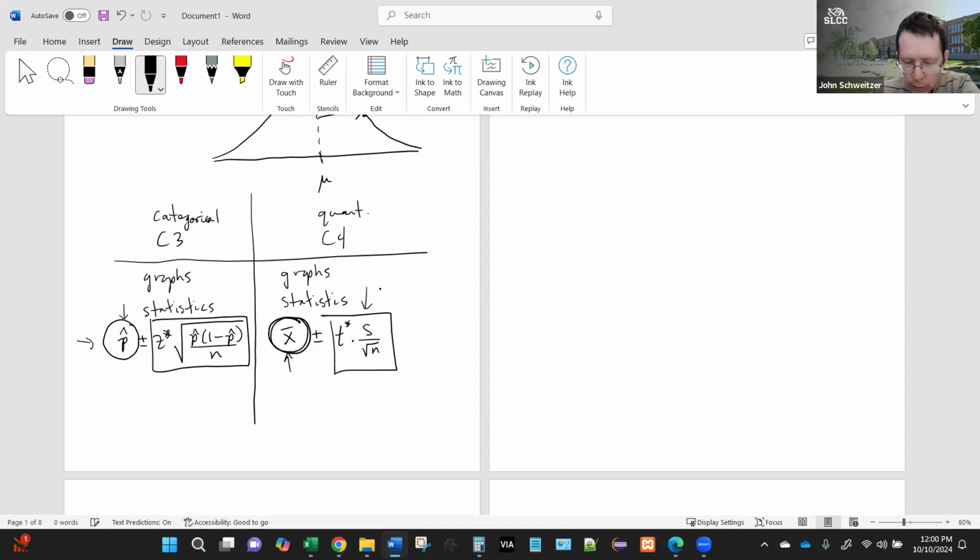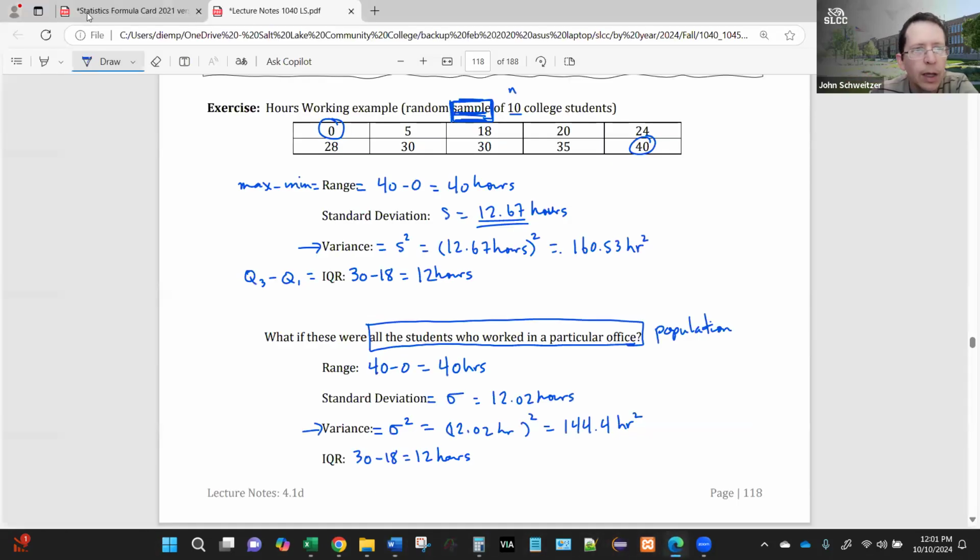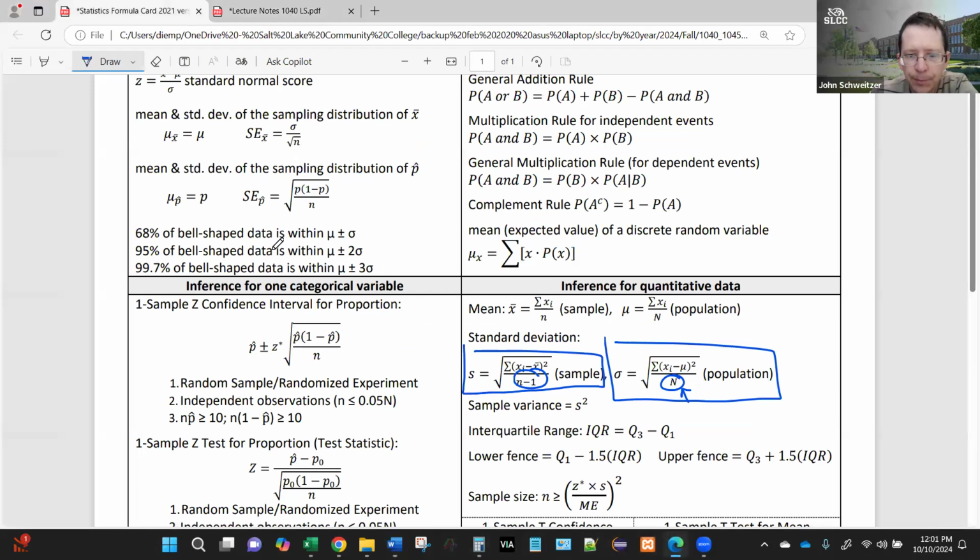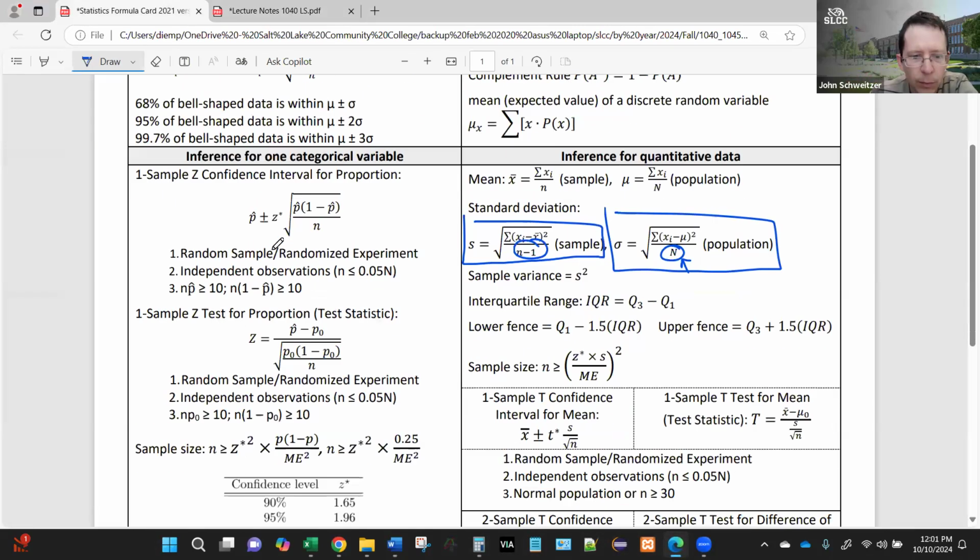There are a couple of key differences, but from a high level view, they're actually kind of similar. Let me just show you the formula here. It's right here: the one sample t confidence interval for the mean.